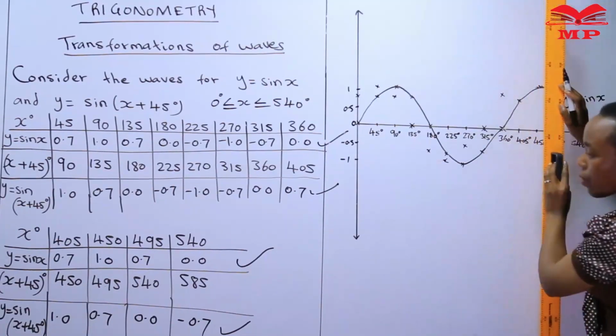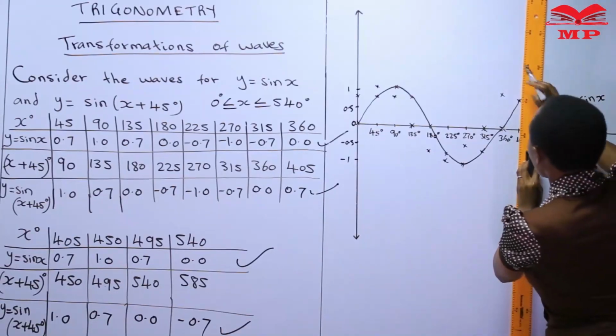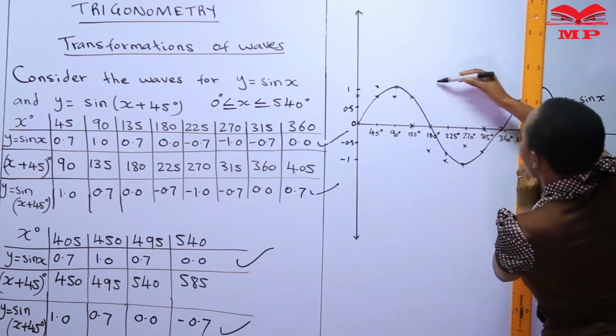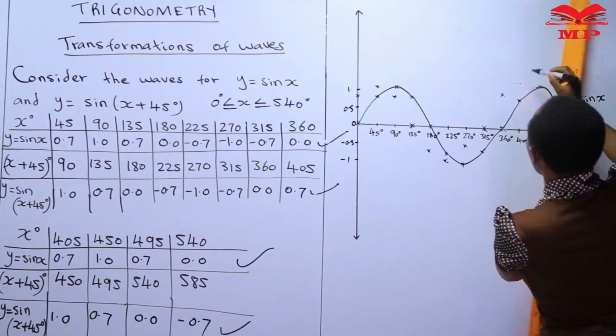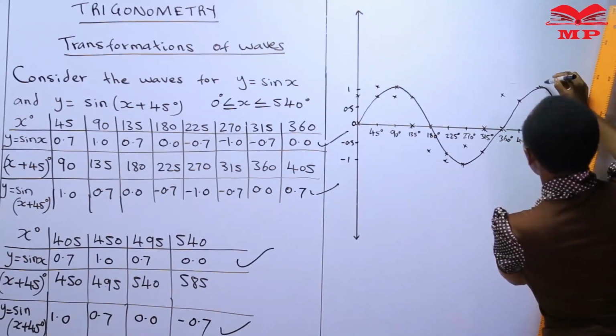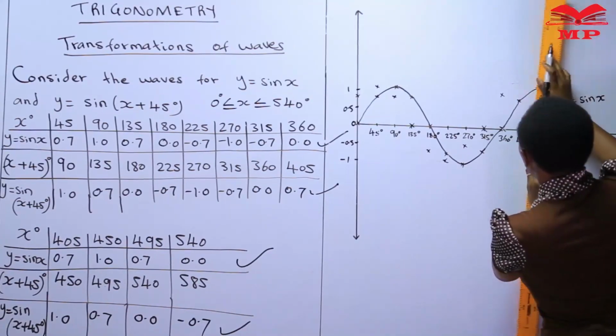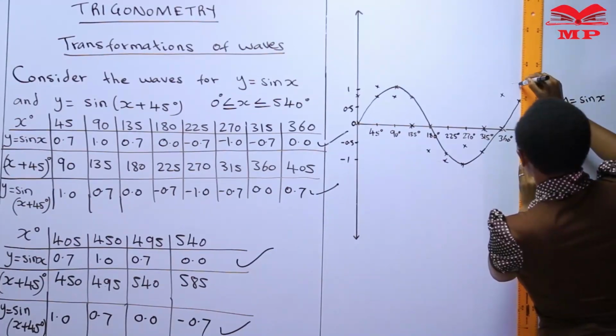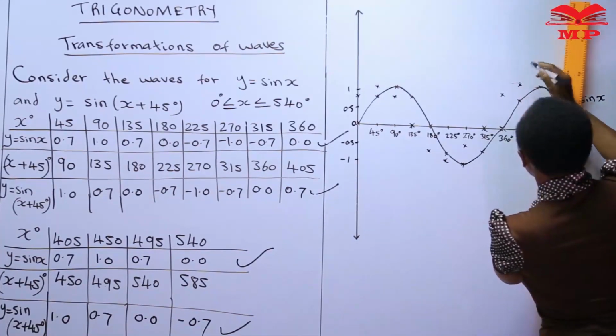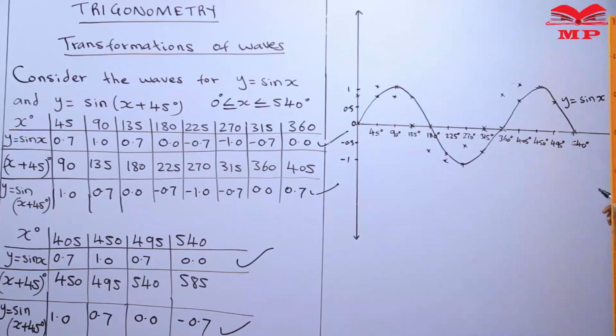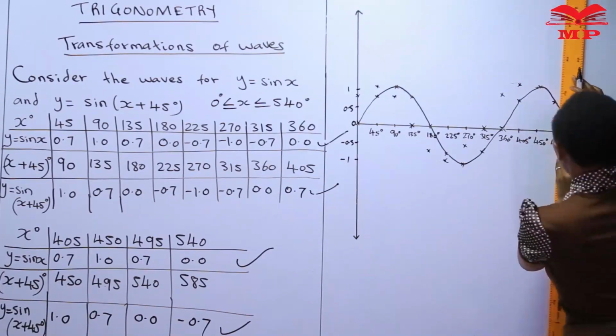Then at 405, we have 1, on the same line here. Then at 450, 0.7.